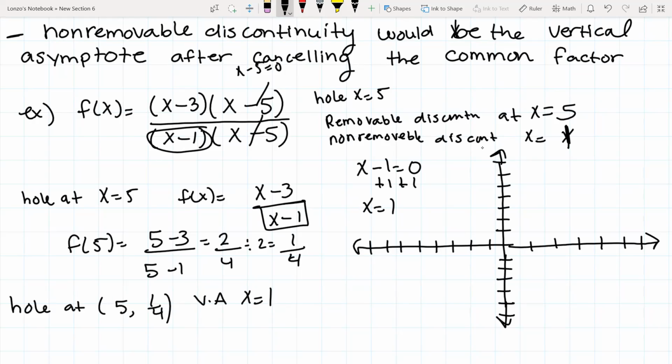Our vertical asymptote is at x equals 1 right here.